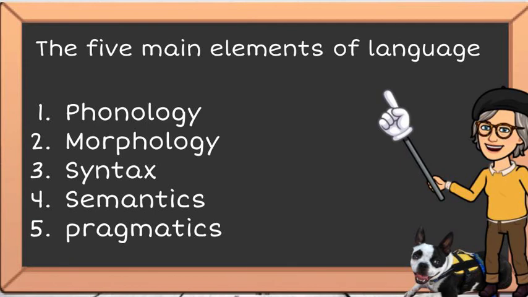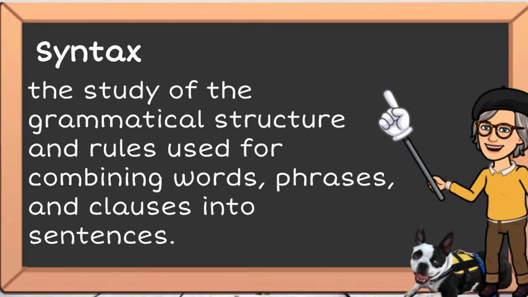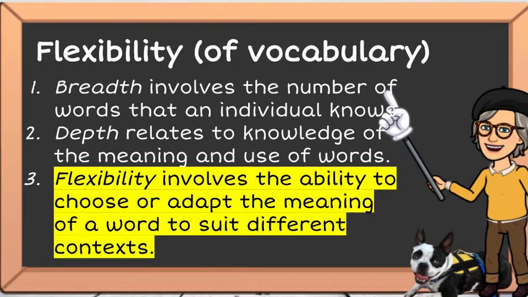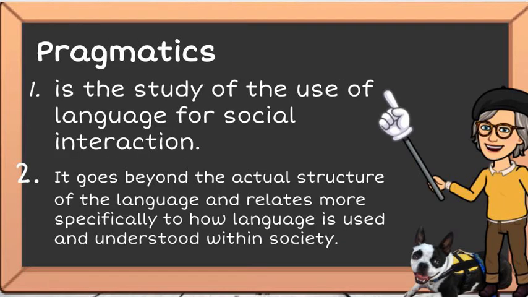Language consists of syntax, morphology, semantics, and pragmatics. Syntax and morphology refer to the use of accurate sentence structure and word endings like past tense, plurals, possessives, etc. Semantics refers to understanding and use of vocabulary and concepts. And pragmatics is a measurement of how the student uses language to meet social needs.